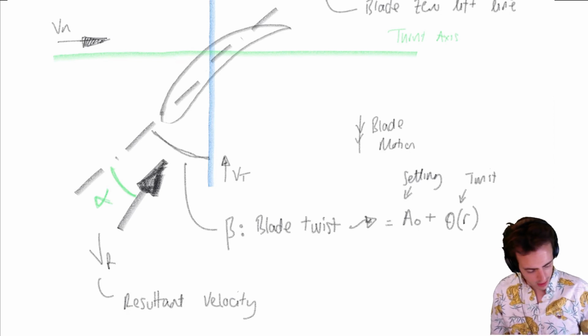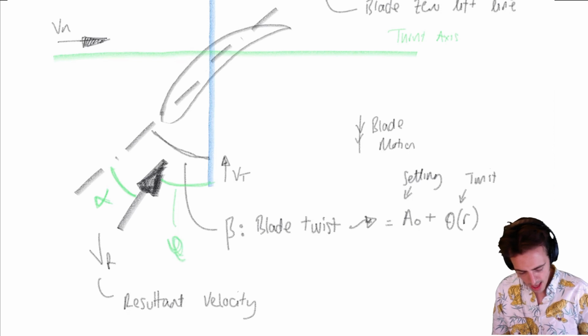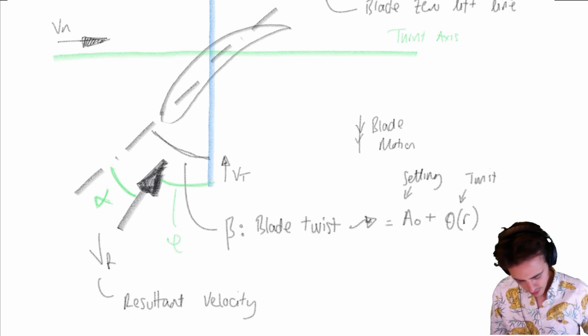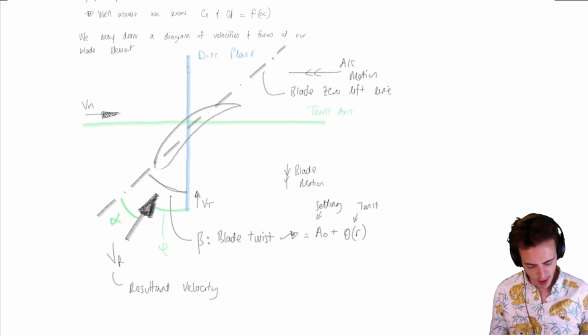We can't determine the angle of attack straight away because we need to determine what this angle is here. This angle here, we give the symbol phi. Lowercase phi. Okay, so let's define those two on here.